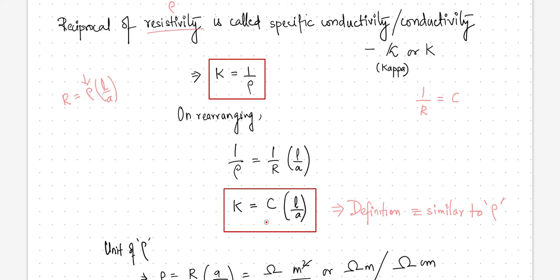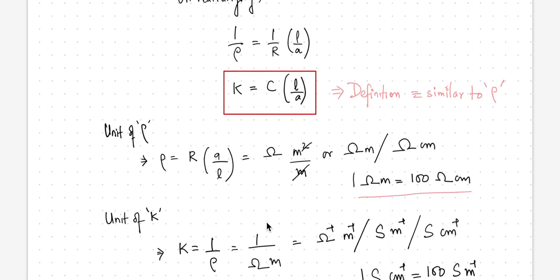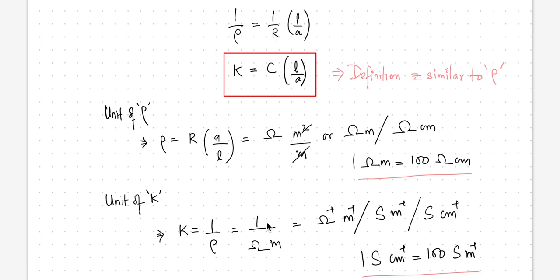Another important thing is the units of resistivity and conductivity. From the expression, if you want to know the unit of rho, you bring L by A to the other side, and you get rho is equal to R A by L. Here R is ohm and A upon L is meter square upon meter.